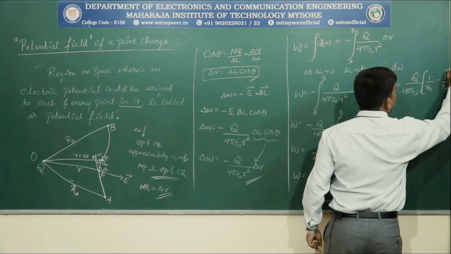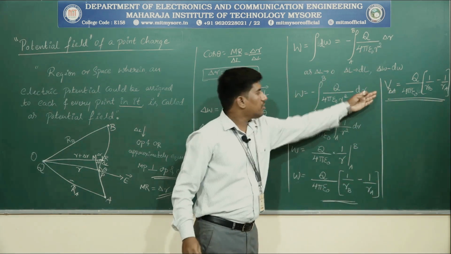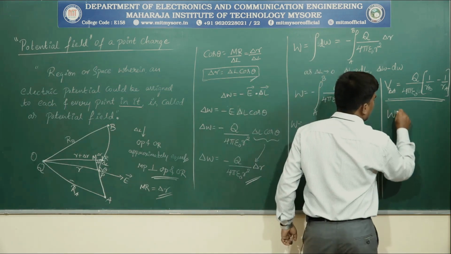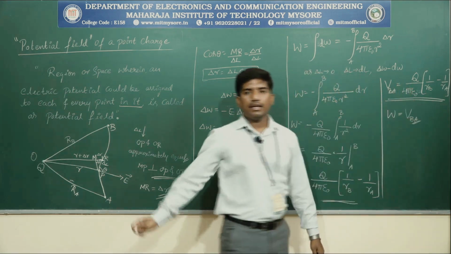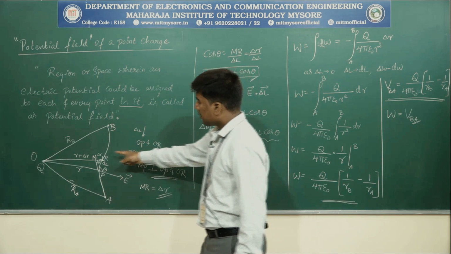We know that work done is also equivalent to the potential difference. That's why W is replaced by VBA. Work done is equal to potential difference between point B and A. Got it? Now let me repeat again.